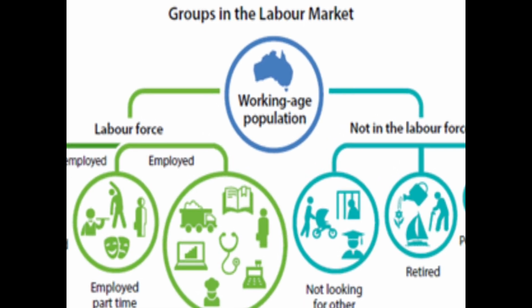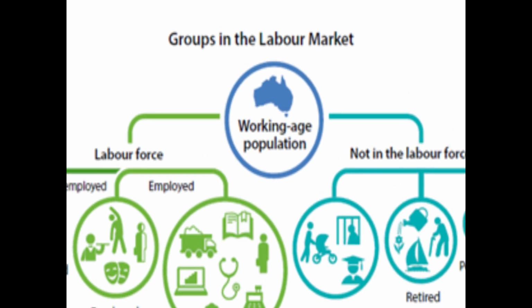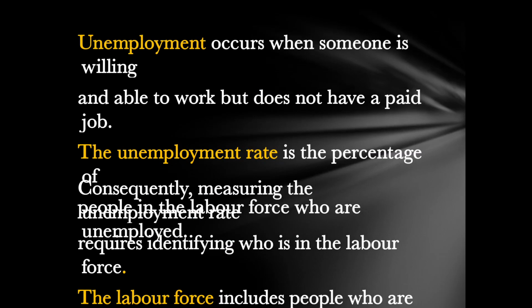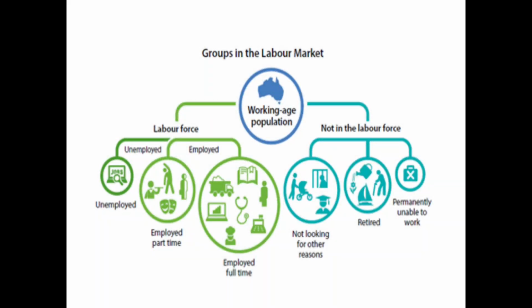As you see here, we have groups in a labor market. The first group is the labor force. Here in the labor market, we can distinguish between two types: those in the labor force and those who are not included in the labor force.